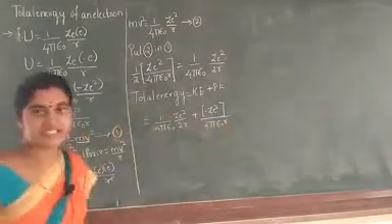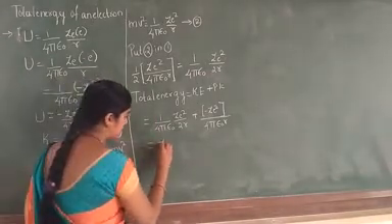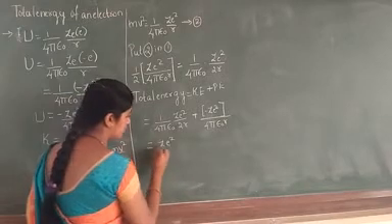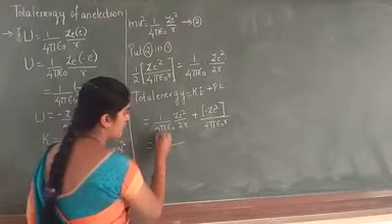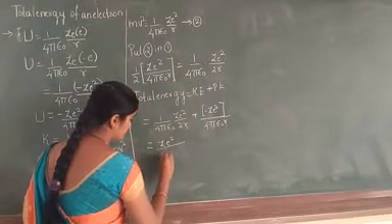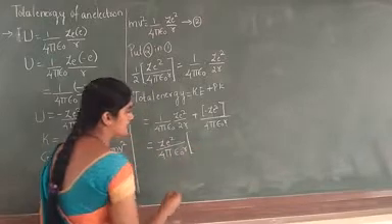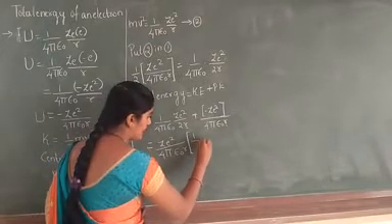In both terms there is a common term, take it outside. Ze square is a common term, take it outside, whole divided by 4 pi epsilon naught r, the common term. The remaining term is 1 by 2 minus 1.